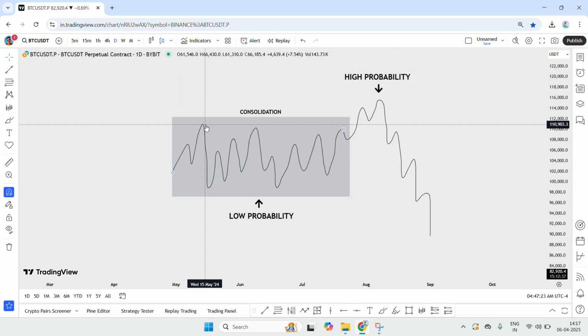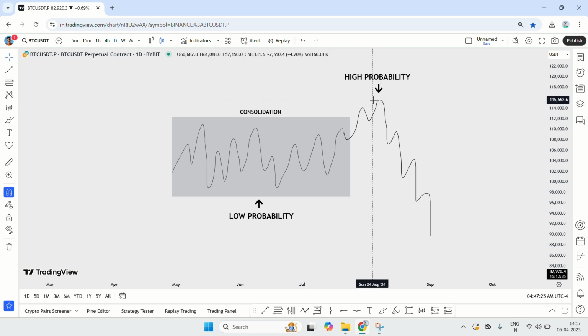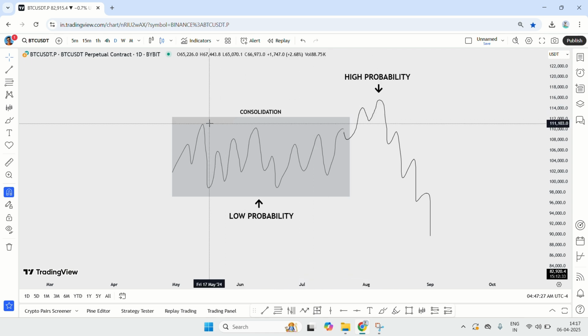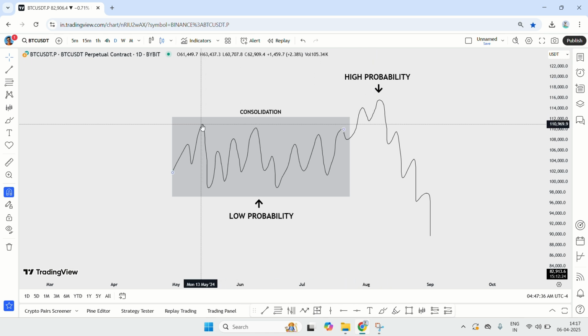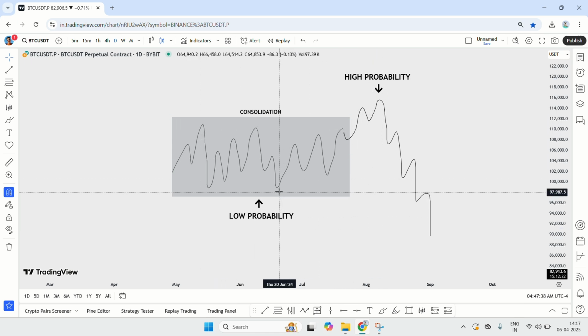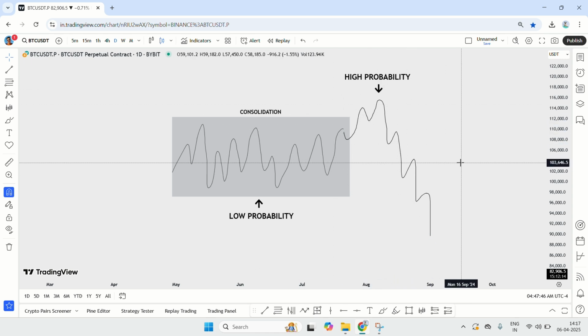And if you get SMT there, as I explained, if you go back in this video, I explained what SMT is in correlated asset classes. If you get SMT there, then it's a high probability condition when the market is going to take the high and then dump to take the low. Then you can position yourself there. So this is the bearish condition and vice versa in the bullish condition.